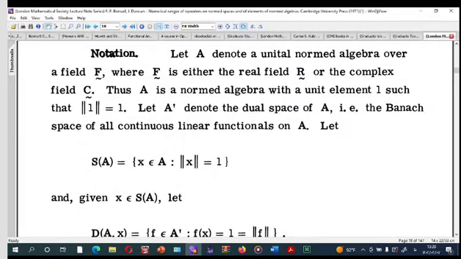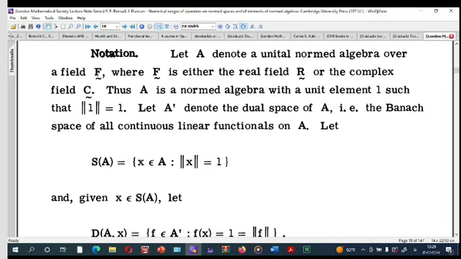easy. Let A denote a unital norm algebra, not necessarily a Hilbert space. A denotes a unital norm algebra over a field F. This F can be the real or complex numbers. Thus A is a norm algebra with a unit element 1 such that we have this. Okay? And let A prime denote the dual of A, the space of all continuous linear functionals on A. You know all of this.